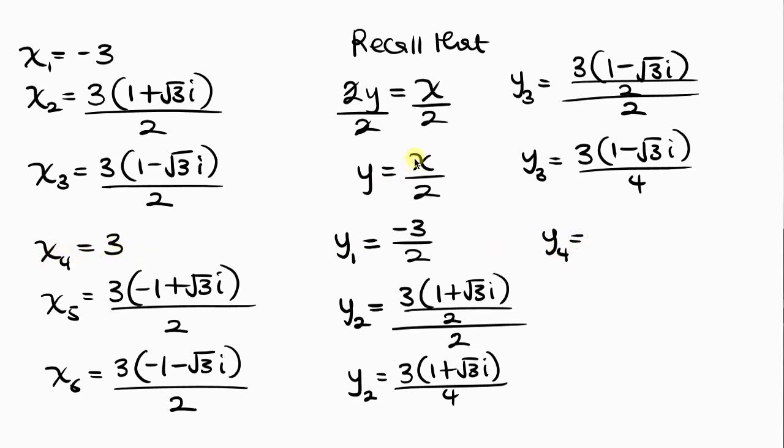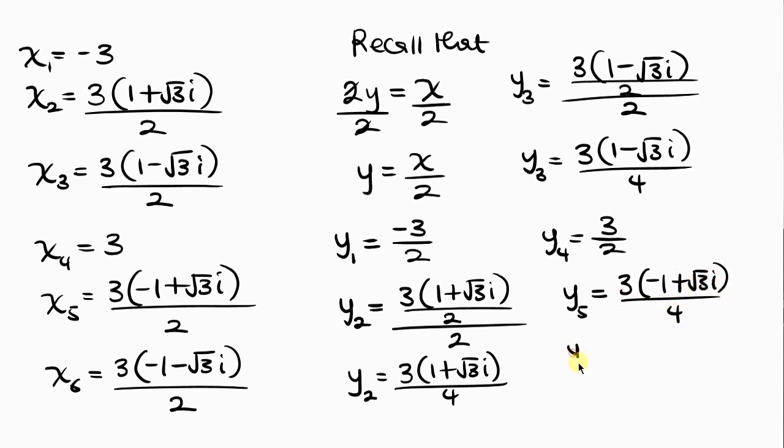So this becomes 3 over 2. Now, the fifth solution for y, this is when x is this expression, and it will look like this. The only difference is this negative 1 inside. So y sub 5 now becomes 3 times negative 1 plus root 3i all over 4.